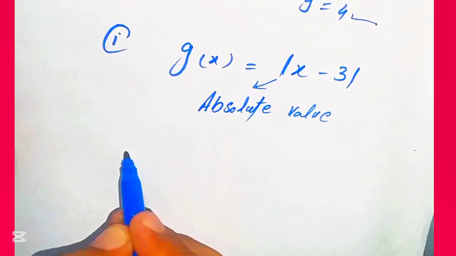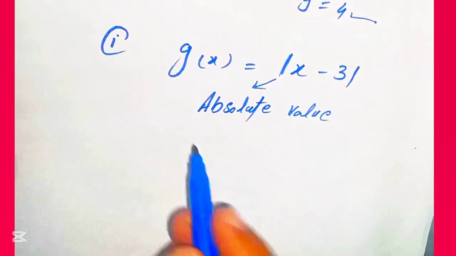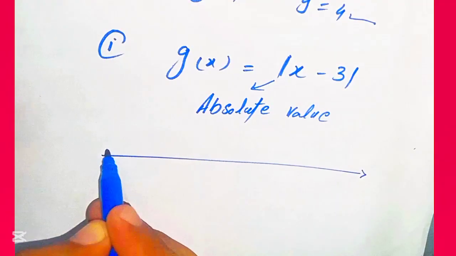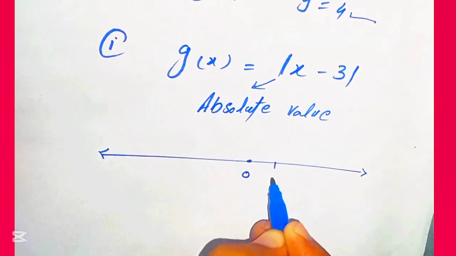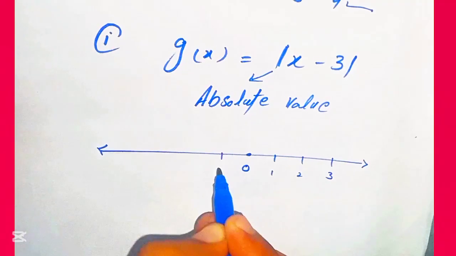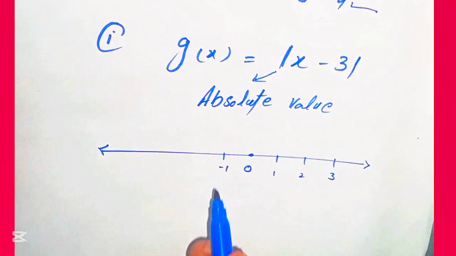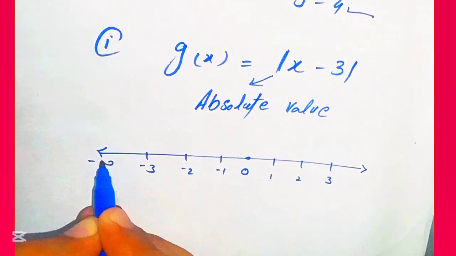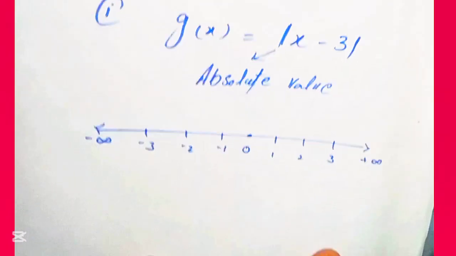To find this, we only need to remember that, let's suppose we draw a number line, and we know that in between are 0, 1, 2, 3, and on the left side -1, -2, -3, and on the left side minus infinity, and on the right side plus infinity.